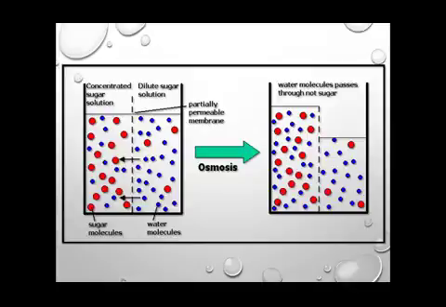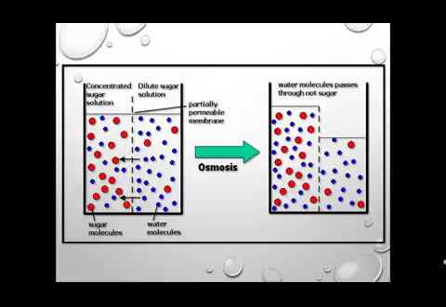It means that on the right hand side of the container the solution is dilute, it contains more water molecules, and on the left hand side the solution is a concentrated sugar solution in which more sugar molecules are present.